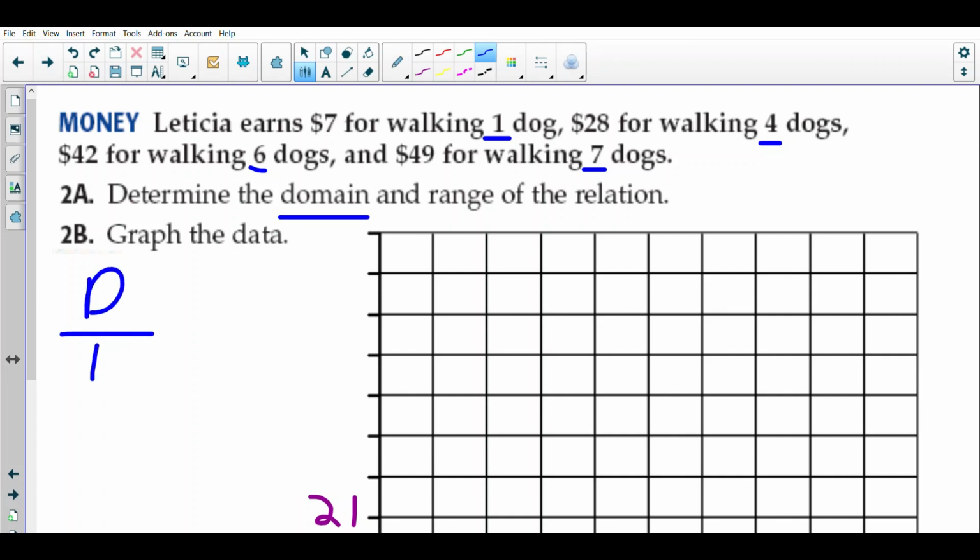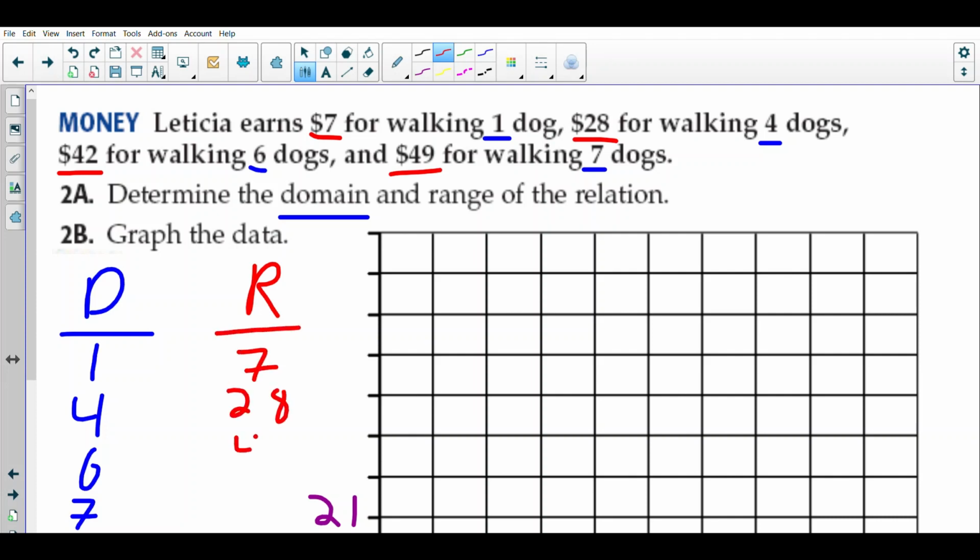So we have 1, 4, 6, and 7. And then the range would be how much she earns. So we have 7, 28, 42, and 49.